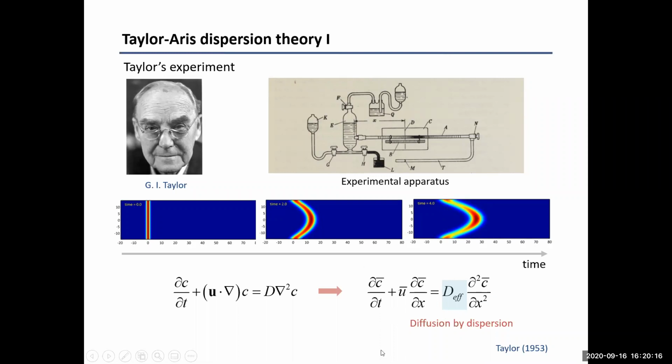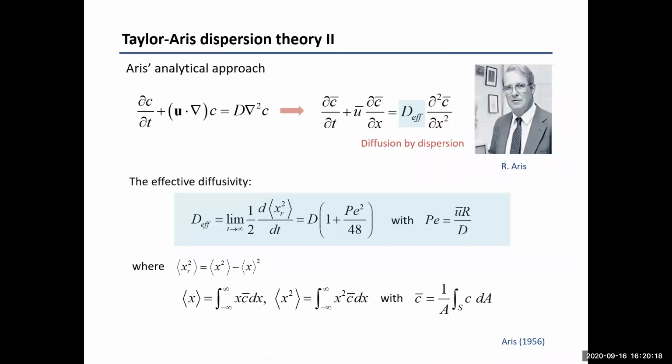Okay. So 3 years later, Aris modeled this more accurately. What he did is that he considered the full analytic solution of the full advection diffusion equation.